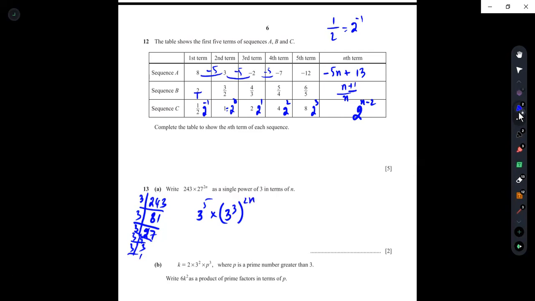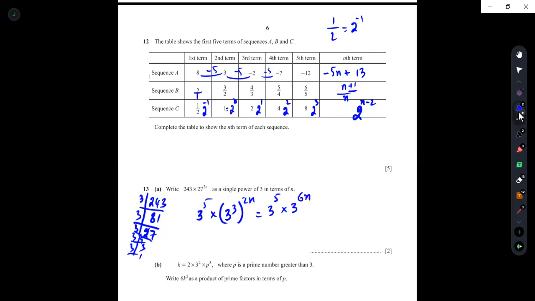So we will get rid of this bracket, and by applying the indices rule, the power inside the bracket and power outside the bracket needs to be multiplied. So we can write this as 3 raised to the power 5 as it is times 3 raised to the power 3 times 2, 6n.